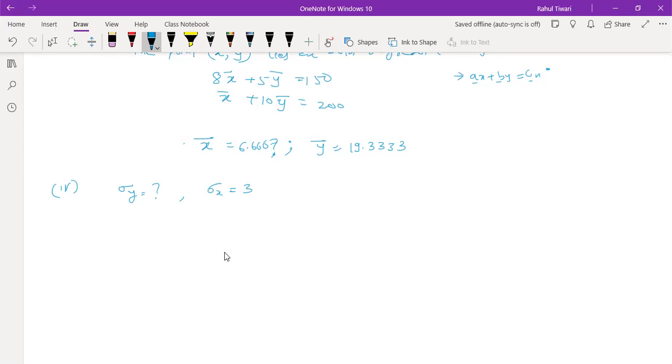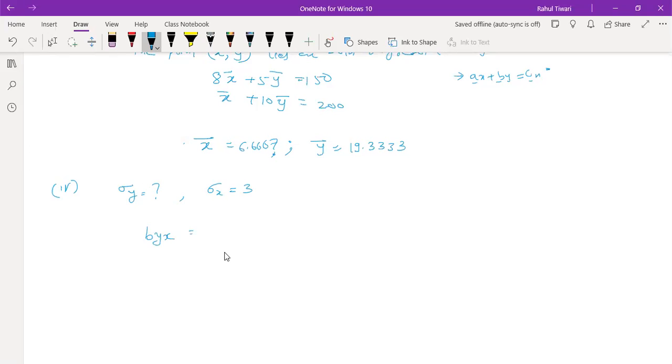Now I can use any equation. Either I can use byx. Now if you look, sigma x is given. So better you use the sigma x expression, which is nothing but, what is the formula?